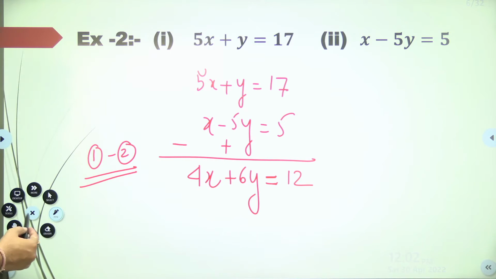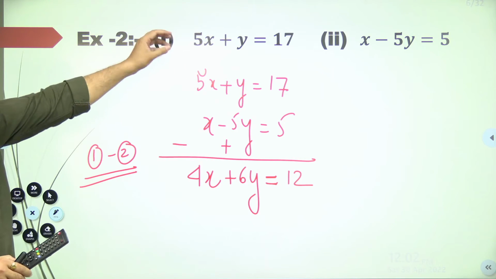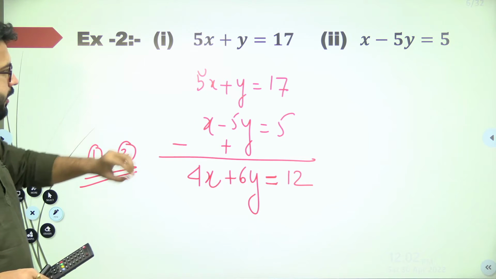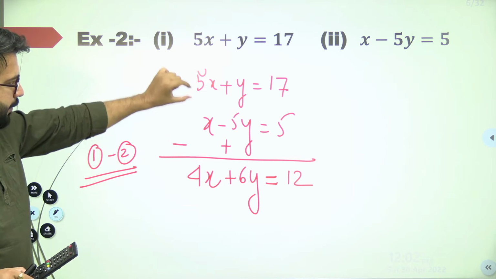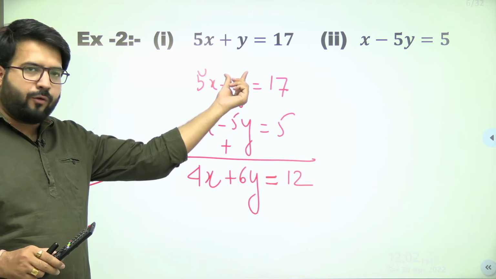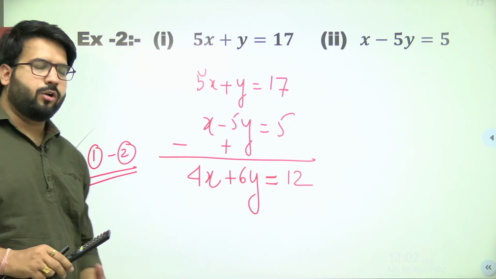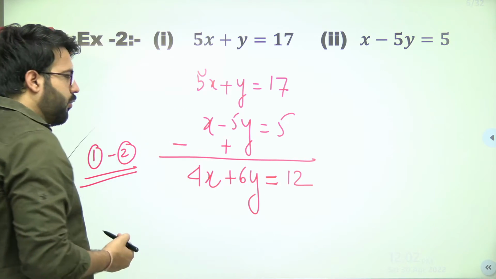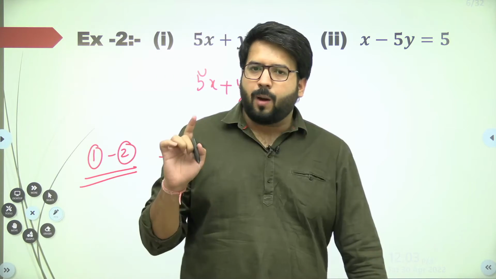So if you subtract equation number 2 from equation number 1, you get 4x, and y minus minus 5y gives 6y, equal to 12. So 4x plus 6y is equal to 12. Now you have to focus on these values.